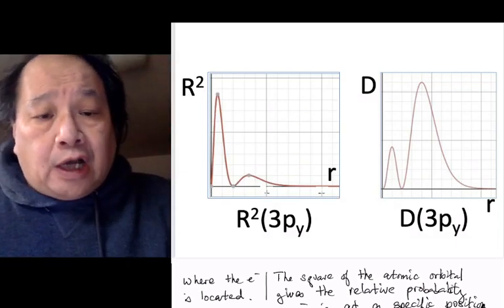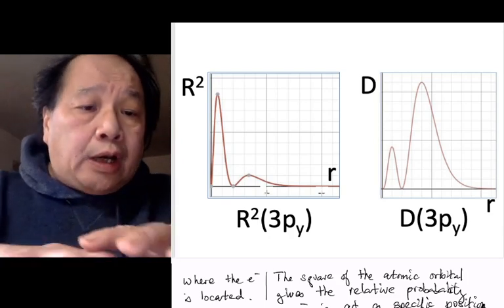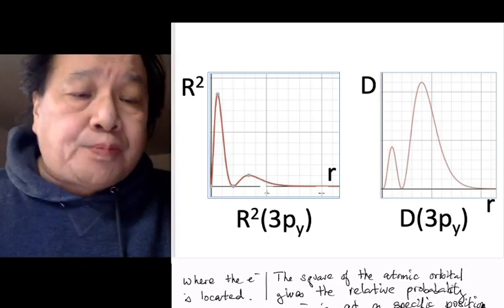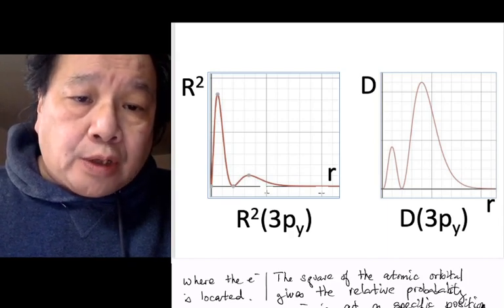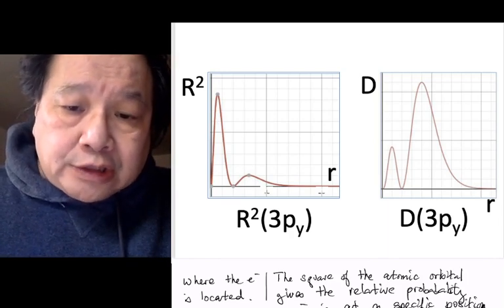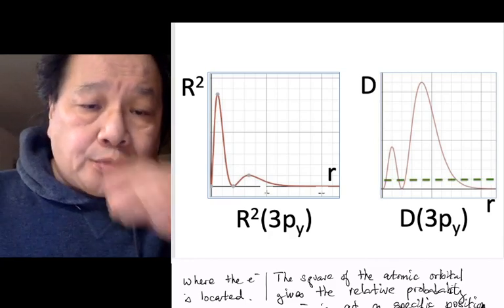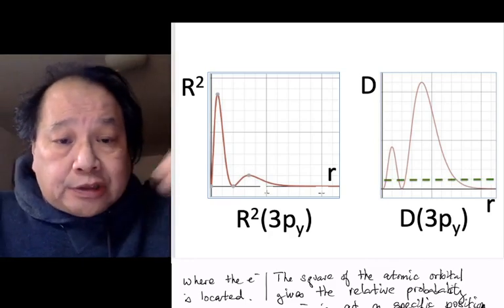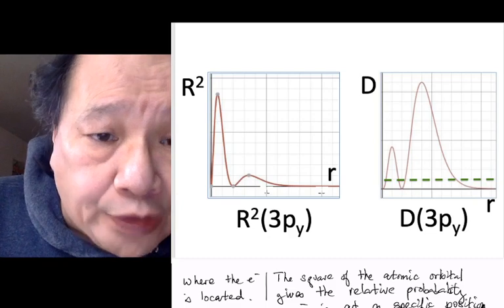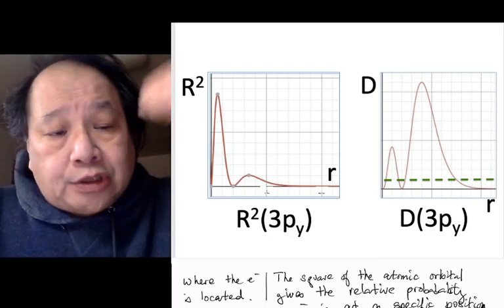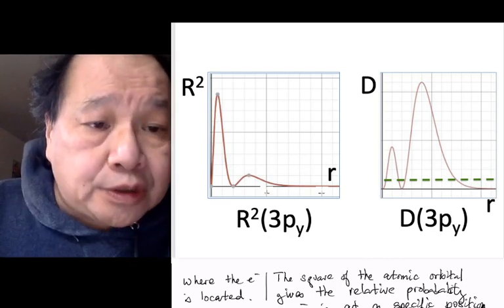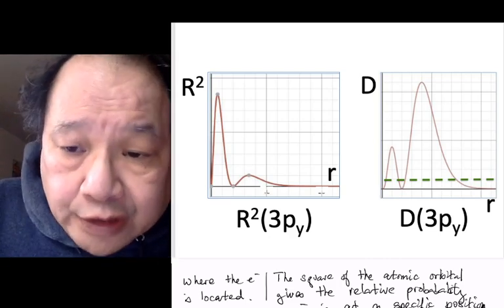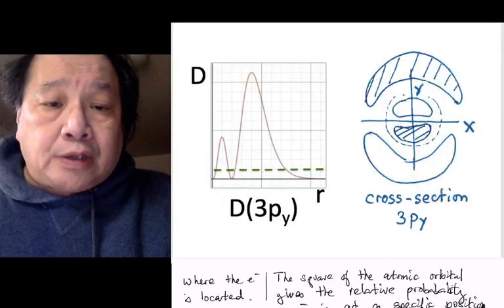And one final concept will be in what regions is it most probably found? A kind of simple plot you can make is this one. Just consider a threshold. The least probable distances are the ones shown below that green dotted line. We're just going to plot the points above the green dotted line. Those are the only positions that we're going to draw. And if we did that, we would end up with a picture like this.